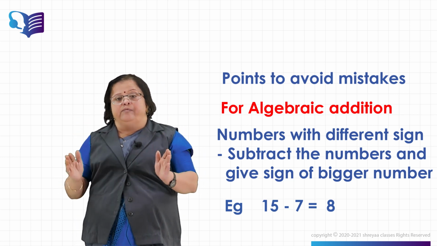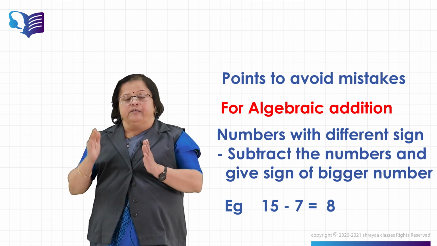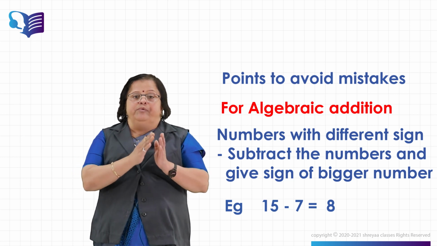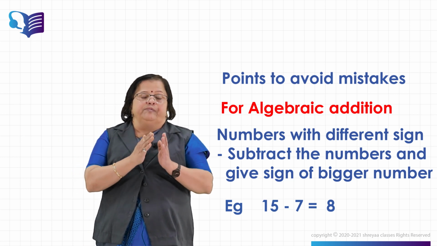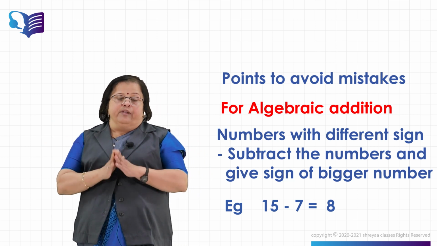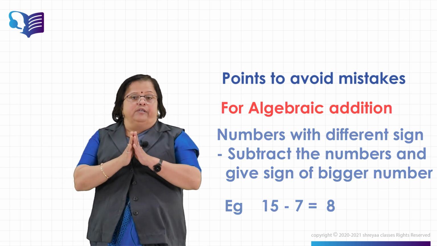Two numbers are with different sign. Subtract the numbers. The subtraction is 8. Give the sign of the bigger number. Bigger number is 15. The sign is positive, so it is positive 8. Understood this? So these are the basic things.